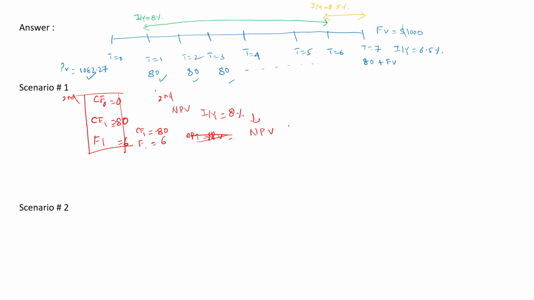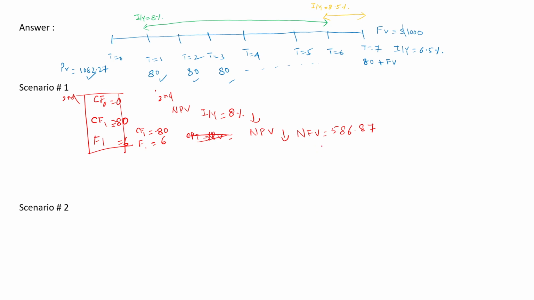We don't require the NPV, so press the down key again, and then you have the NFV. So when you have the NFV, it comes out to be something close to 586.87.